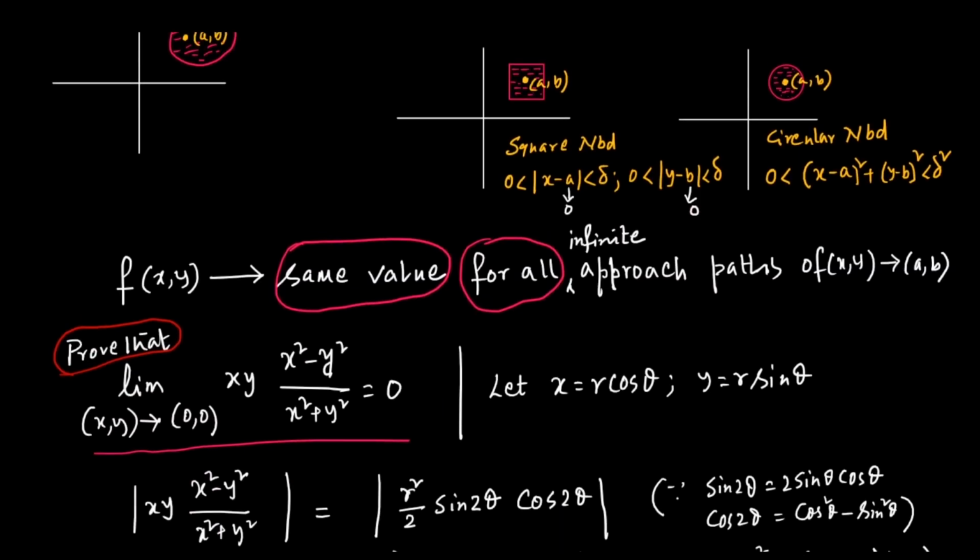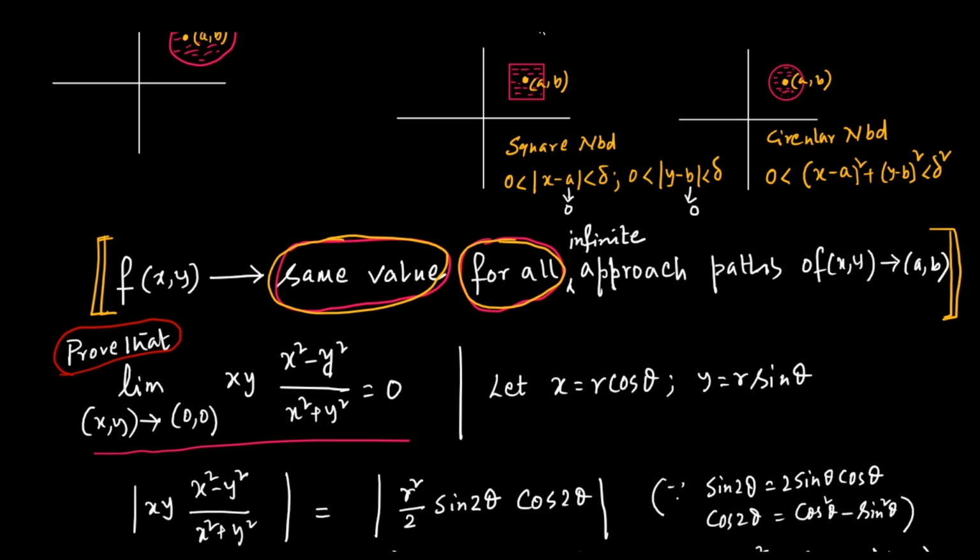actually this statement tells us lots of things. If we look at this particular statement once again, then what it says is that f(x,y) should approach the same value for all infinite number of approach paths. So that means if I get any two paths through which xy approaches a, b and f(x,y) tends to two different values, what will that mean?